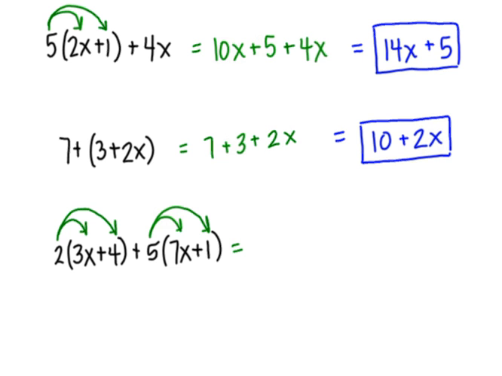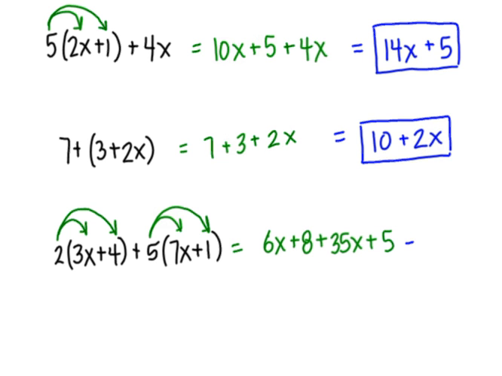So 2 times 3x would give me 6x, and 2 times 4 is 8. 5 times 7x would give me 35x, and 5 times 1 is 5.